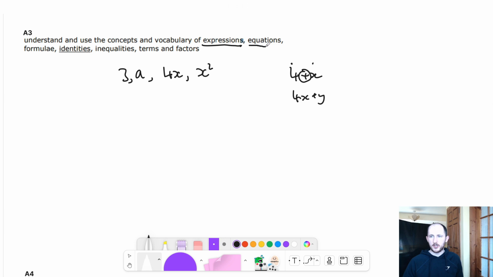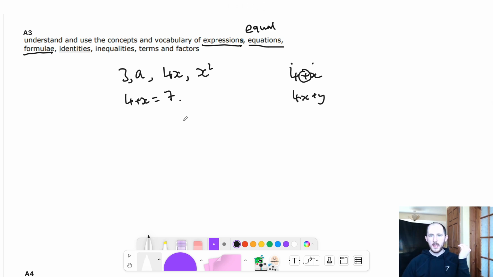An equation has to have an equal sign in it. So for example, 4 plus x equals 7 is an equation. The EQUA part basically just stands for equal, okay? Now a formulae is an equation. However, it calculates something that exists in the real world.